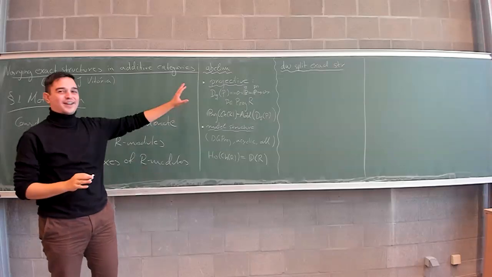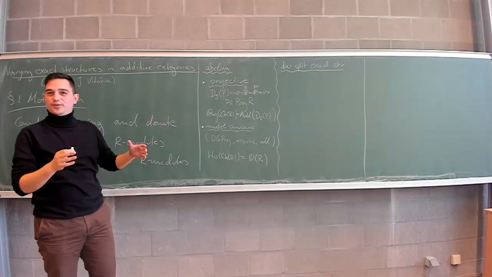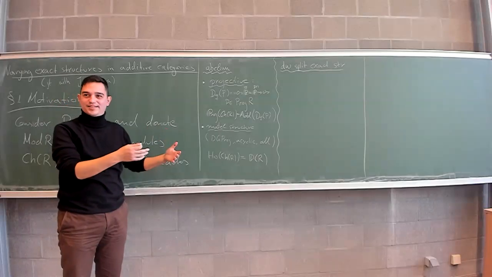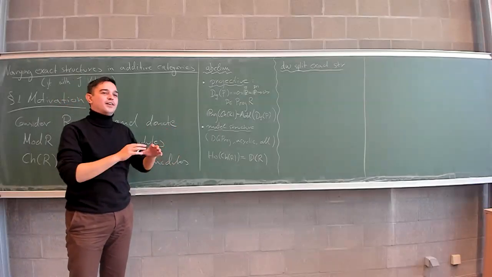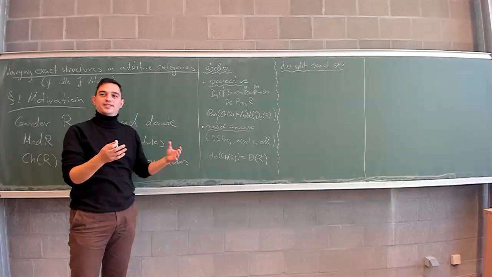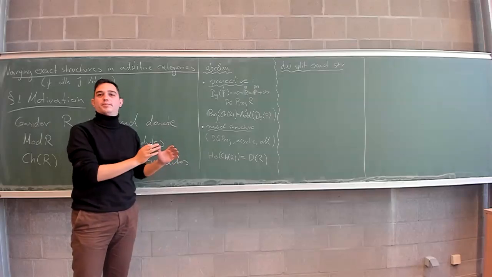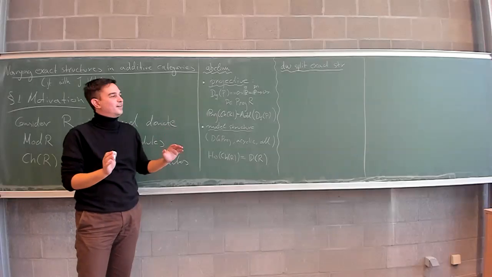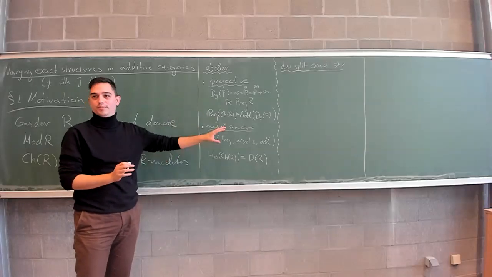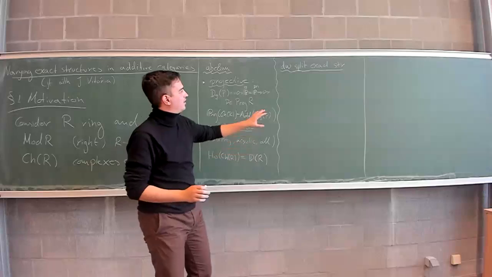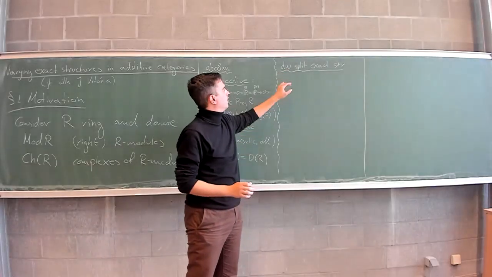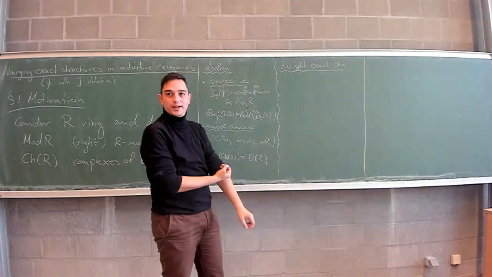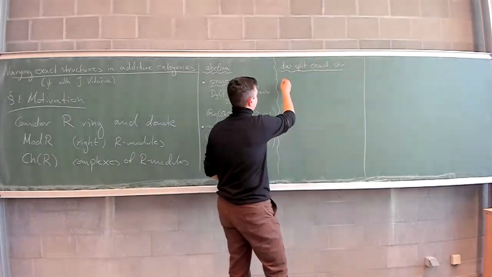Okay, so in an abelian category, you have short exact sequences, and with them you do homological algebra. In an exact category, you don't take the class of all short exact sequences, but you have some of them that are admissible. So you choose a class of short exact sequences that you like, and you do homological algebra only with them.